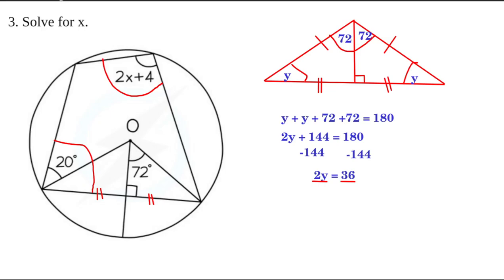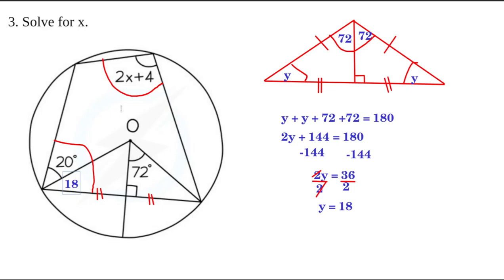After dividing by 2, this 2 is going to cancel that one there. Then you have y is equal to 18 degrees, which means now here we have 18 degrees.